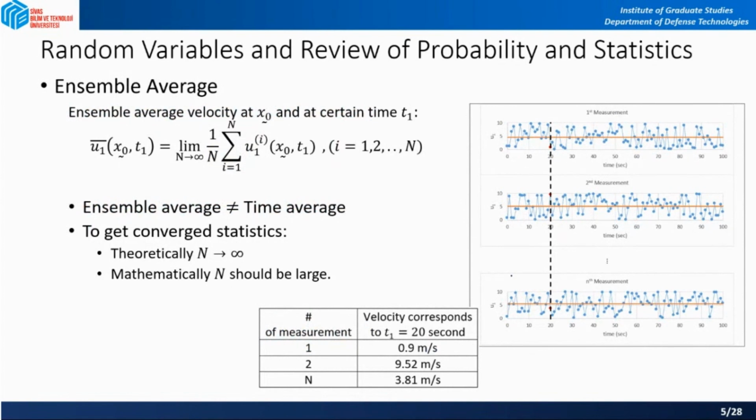What is the ensemble average? Ensemble average velocity at point x0 and at a certain time, let's call this time t1, is equal to this equation. So what does it mean? u1 bar, first of all, the bar denotes the ensemble average.